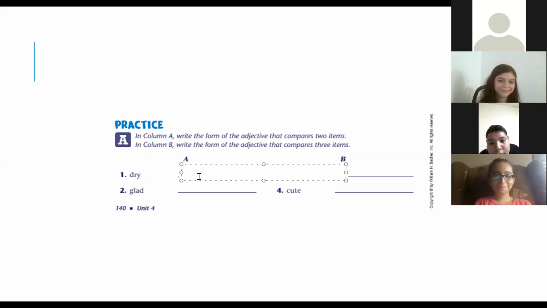So the first, dry. How do I write dry? Dryer. Do I change something? Yes, dryer with an I. You change the Y to I. Yes, so it's going to be dryer. Good.